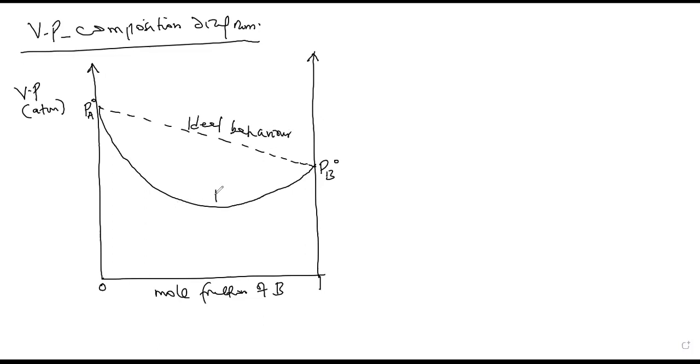And here is our P total, which is equal to PA plus PB. For this case, we shall have a vapor phase, and the liquid phase here.